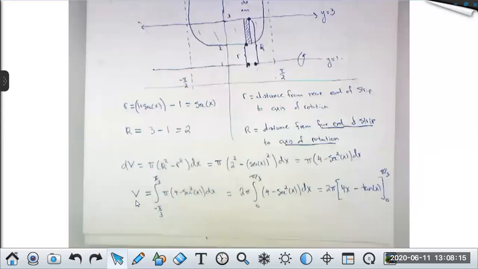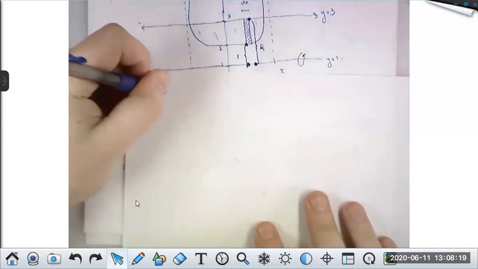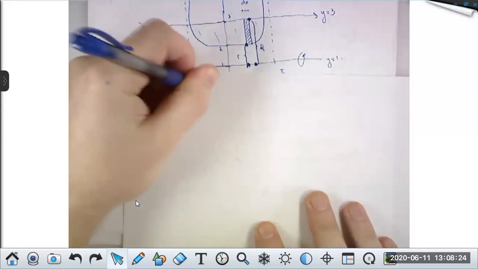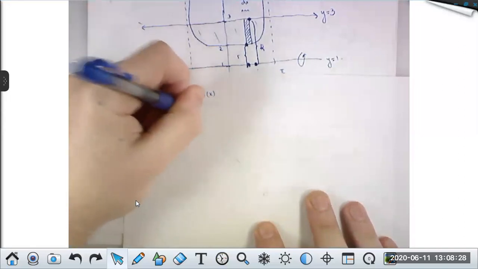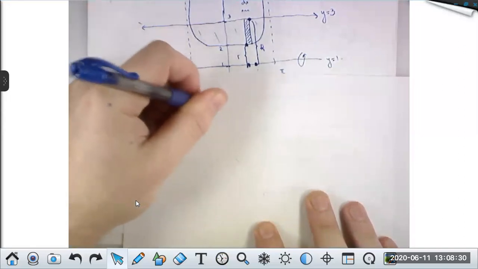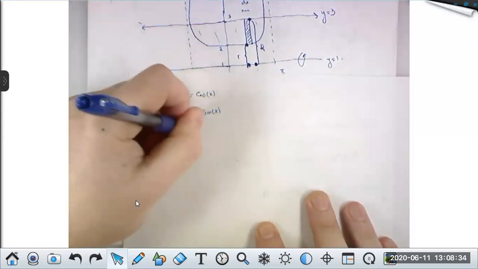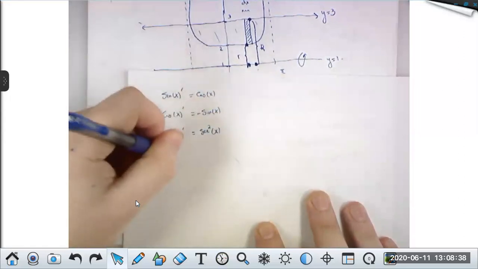So let's take a second here and remember the forward derivatives of the trig functions. That should be cosine, yeah. Derivative of cosine is negative sine. Tangent is secant squared.